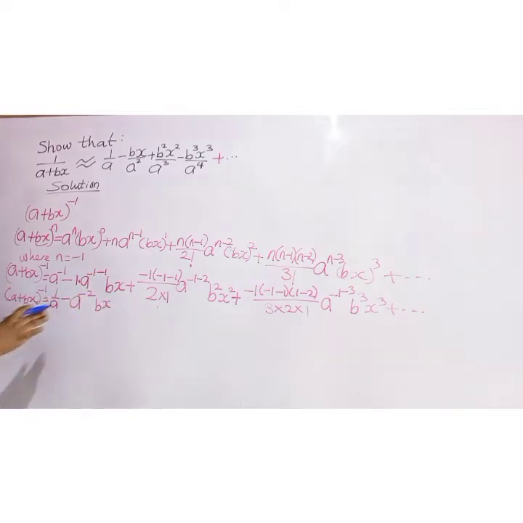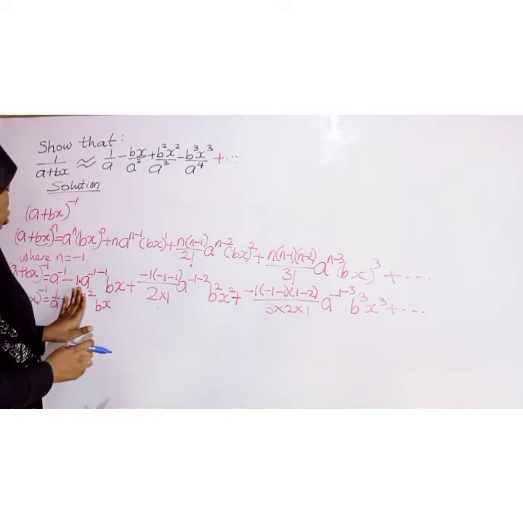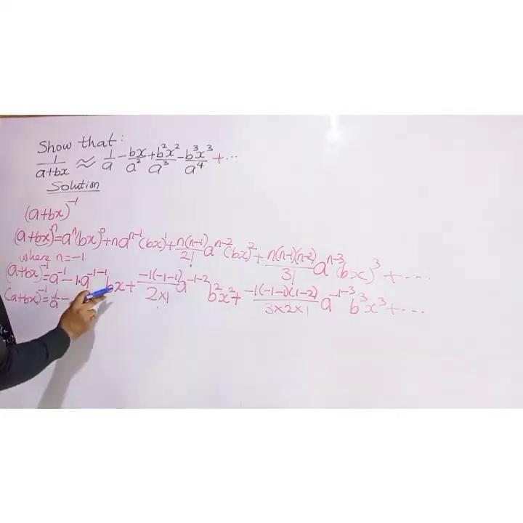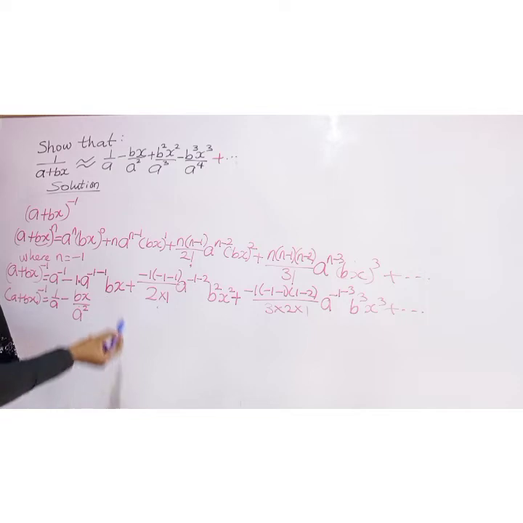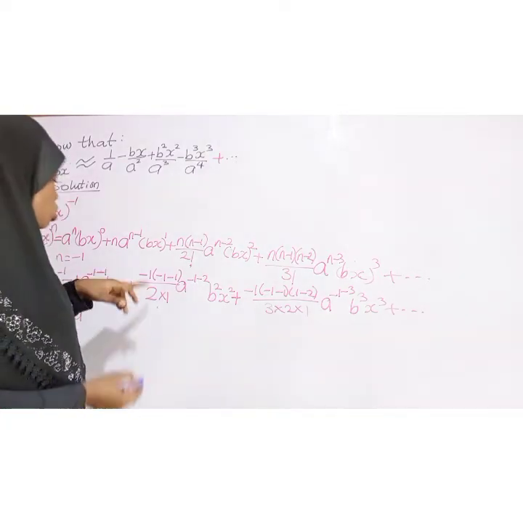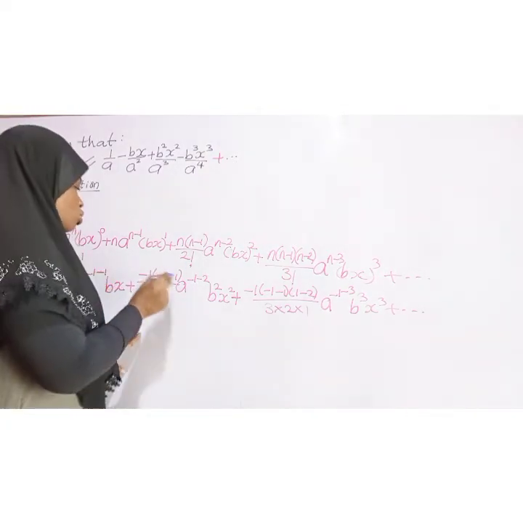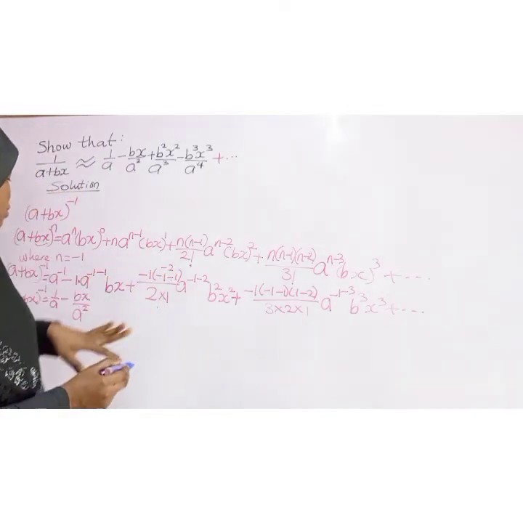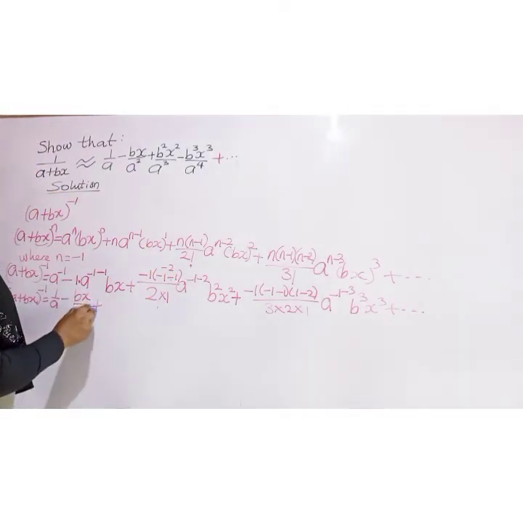And this a raised to power minus 2 will give us 1 over a squared. So multiplying by bx will give us bx over a squared. Then minus 1 minus 1 will give us minus 2. Minus 1 multiplied by minus 2 will give us plus 2. So we have plus 2 over 2.